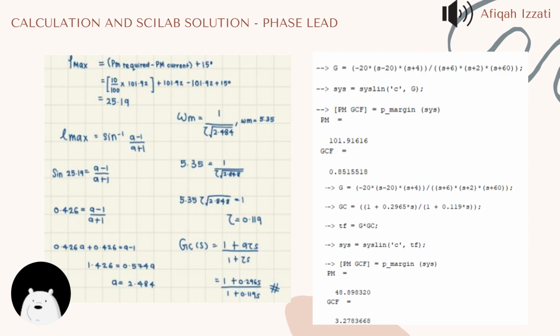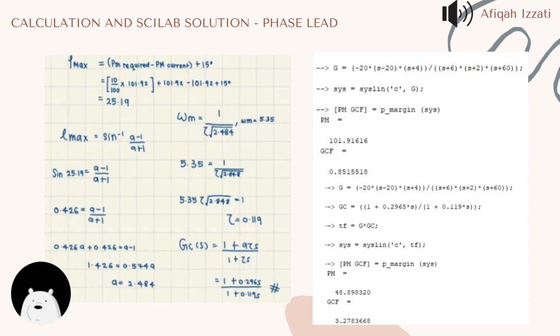The value of tau is equal to 0.119. And finally, the new transfer function is equal to 1 plus 0.296s over 1 plus 0.119s.